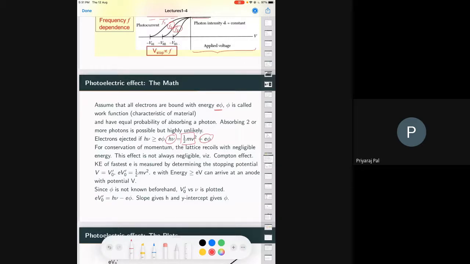So what you see in experiments will come from 1 electron absorbing 1 photon. This is just a justified simplification. Otherwise, you could have n h nu equal to half m v square plus E phi.